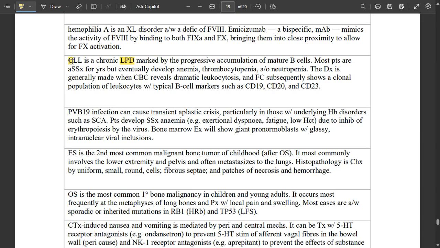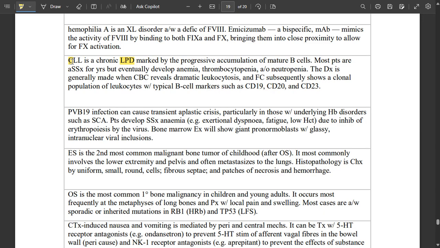The diagnosis is generally made when the CBC reveals dramatic leukocytosis. So there is an increased WBC count, and flow cytometry subsequently shows a clonal population of leukocytes with typical B cell markers like CD19, CD20, and CD23. So in CLL, there is accumulation of mature B cells marked by CD19, 20, and 23.